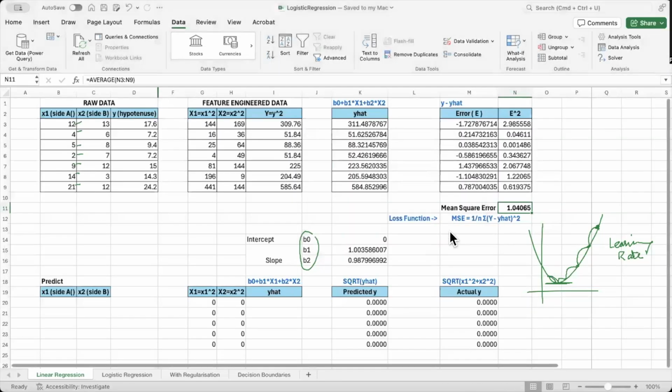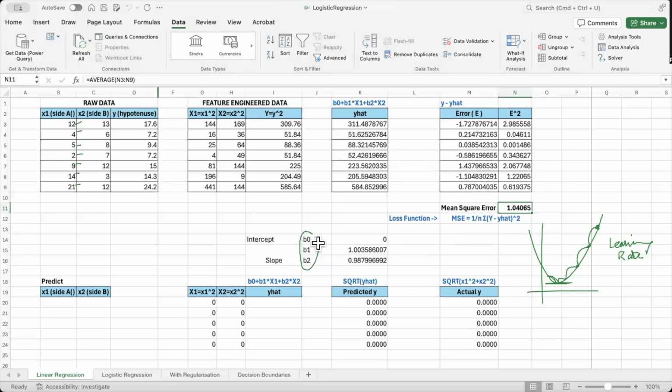So it has reached some solution. So it has got this solution where it says beta 0 needs to be 0, beta 1 needs to be 1.00 something, and beta 2 needs to be 0.98 something. So it has found the minimum mean square error in this particular case.